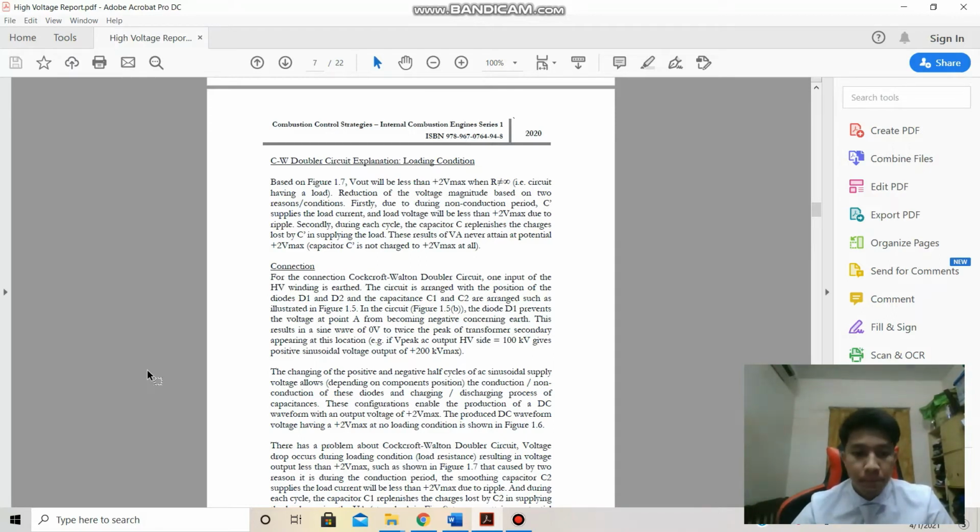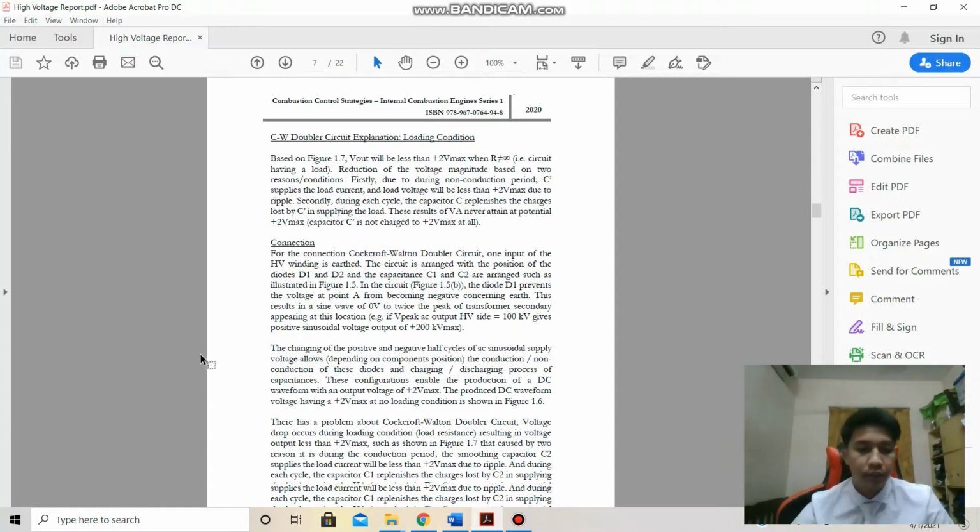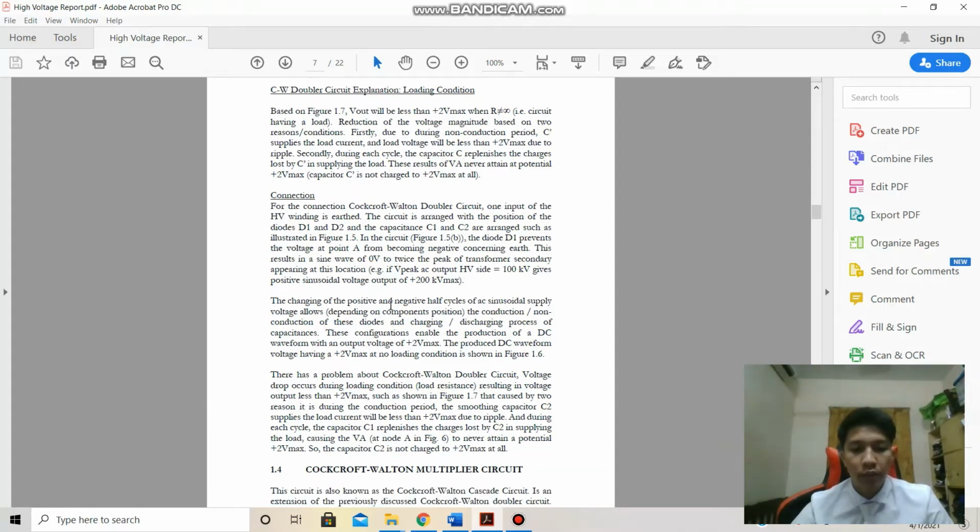The diode prevents the voltage at point A from becoming negative with respect to earth. This results in a sine wave from 0 volts to twice the peak of the transformer secondary apparent at this location. The charging on the positive and negative half cycles of the AC sinusoidal supply voltage depends on the component position.